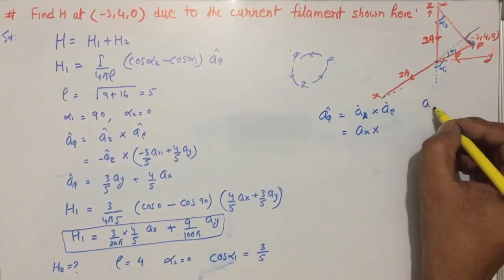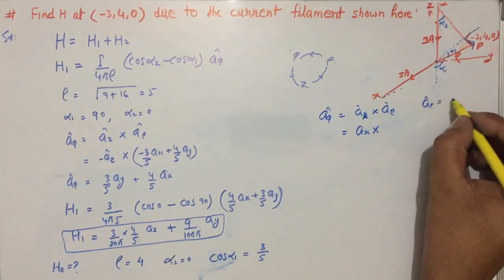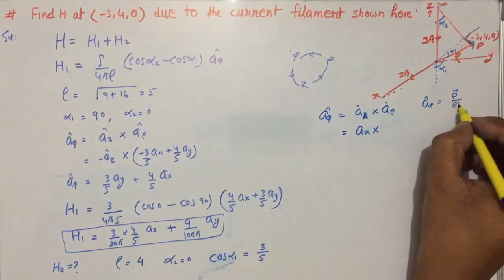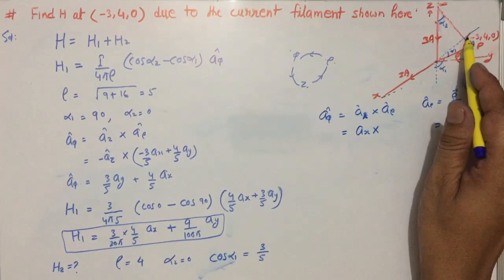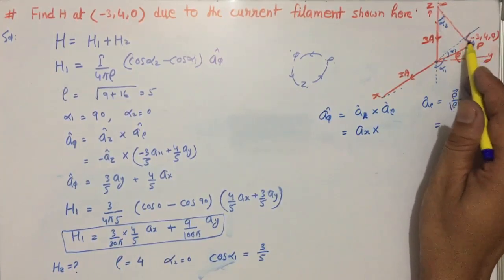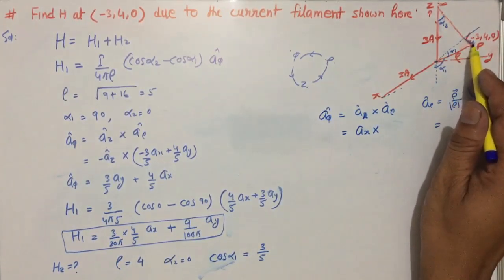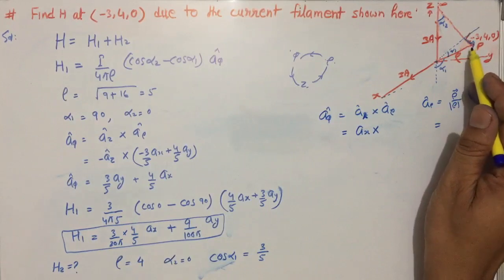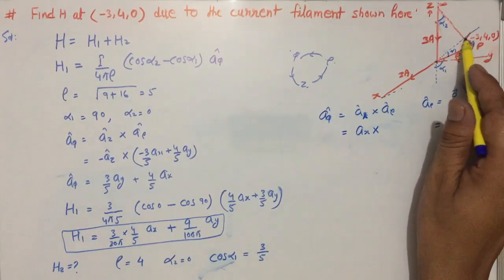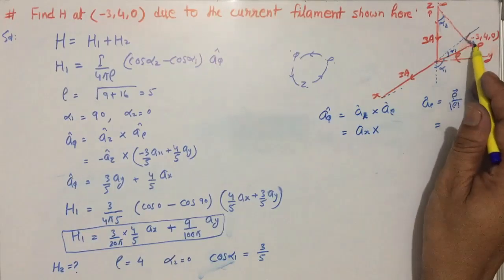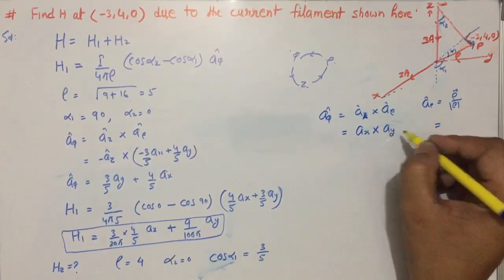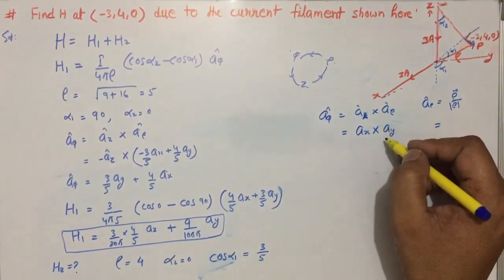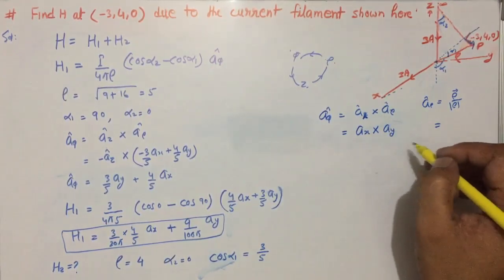What will be a rho? a rho will be rho divided by rho, and rho is how much? This is only this length. What is this? This is ay only. Okay, please concentrate. This is the rho. So a rho will be ay and amplitude will be 1. So no need to worry about that.